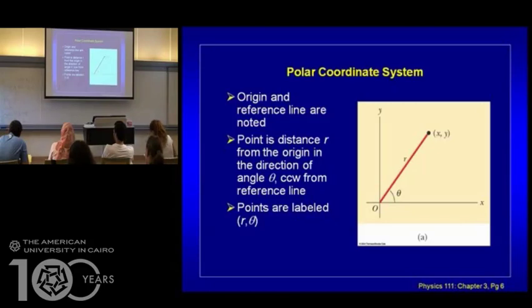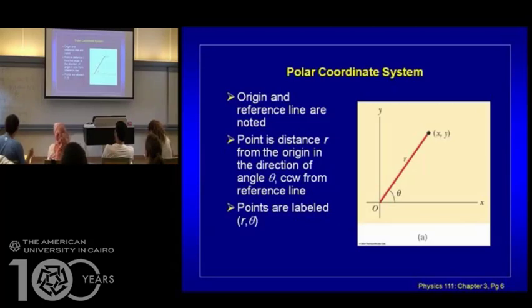Can we find theta? If we know X and Y, can we find theta? Back to those two equations, I'm going to divide them. Y over X equals Y divided by X, which is R sine theta divided by R cosine theta. That means R will cancel out.